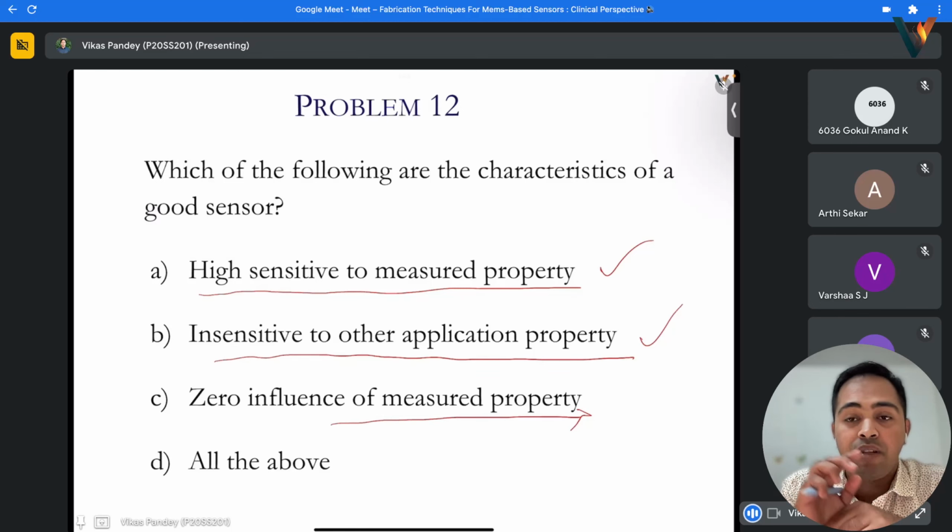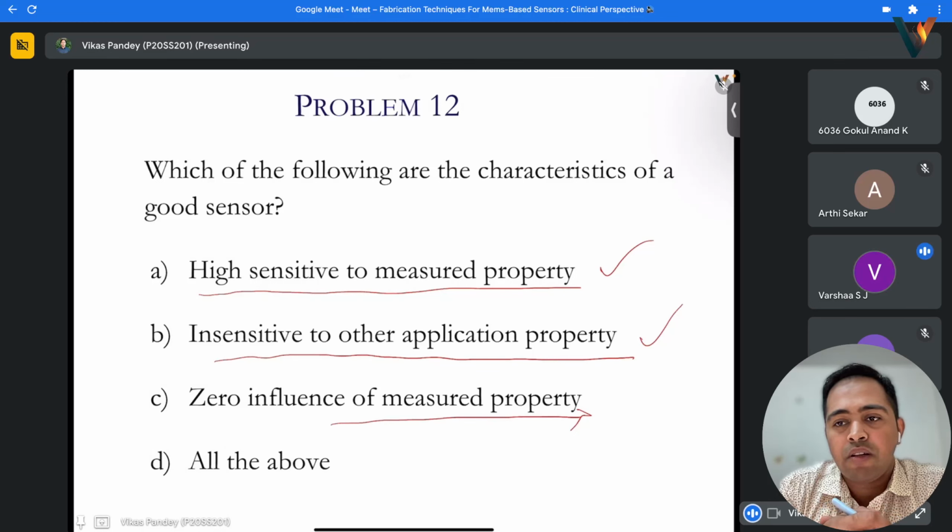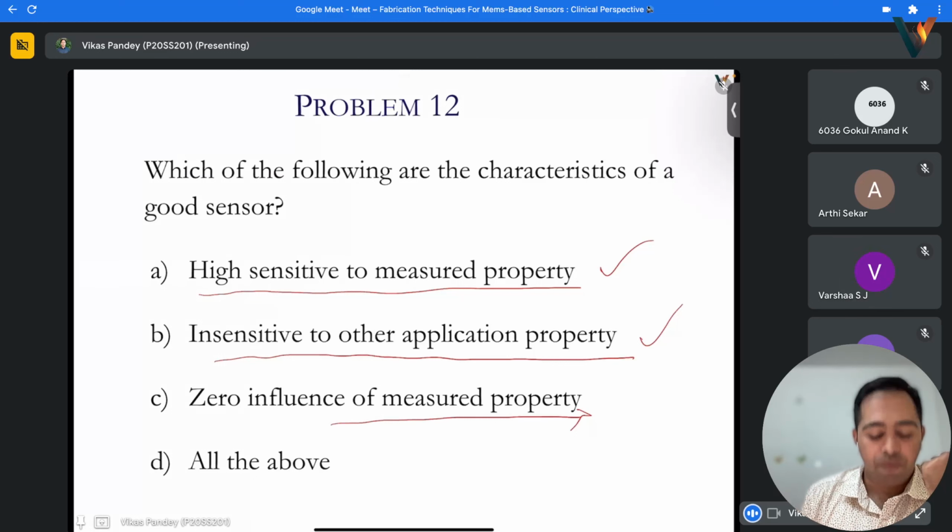So is it a property of a good sensor or a bad sensor? This is a good sensor. So all of the above should be the correct answer, right?